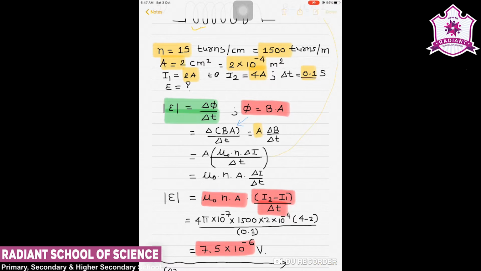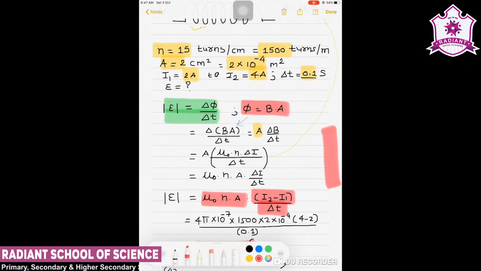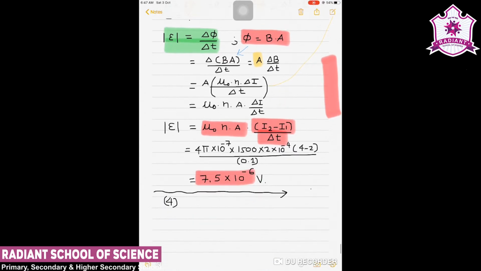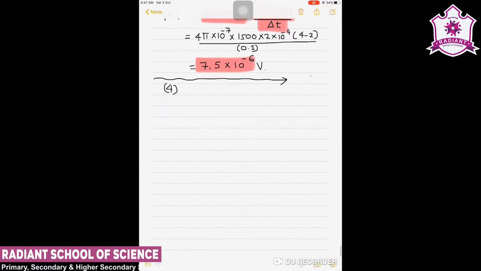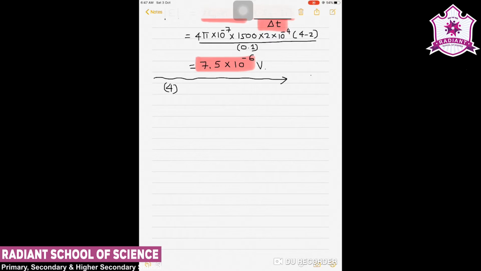In a similar manner, we are given example number 5. It says that a 1 meter long metallic rod is rotated with an angular frequency of 400 radian per second.